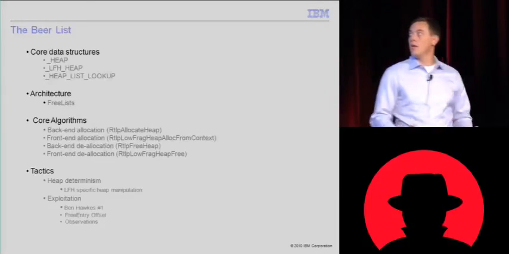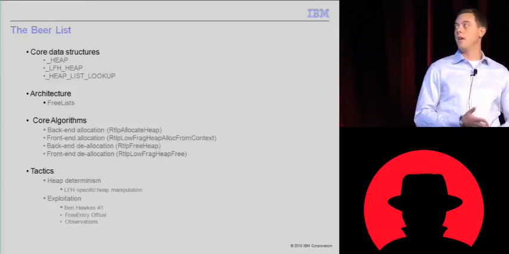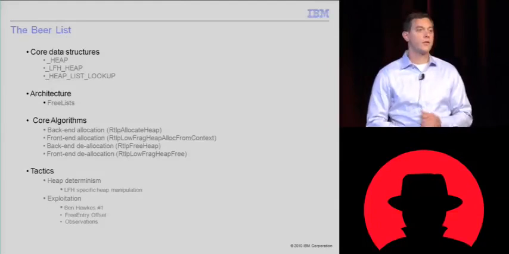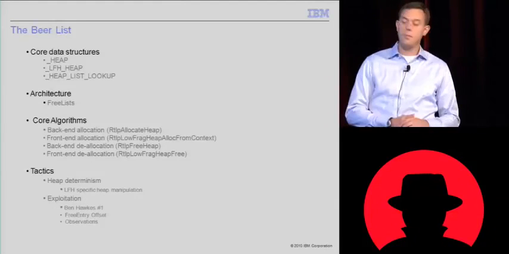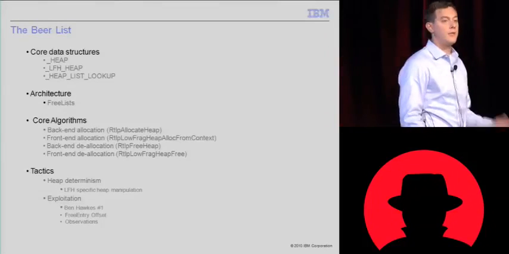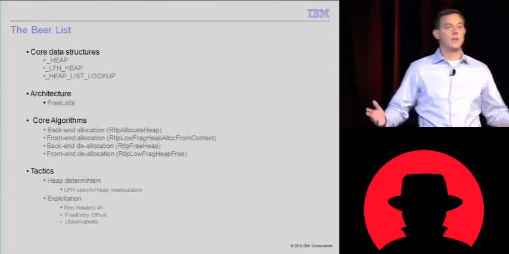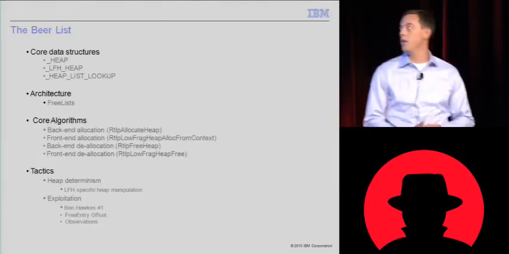It's going to go in order from boring to boringer to most boring to fun. We'll talk about the core data structures, all the stuff they added in this new heap. We'll then talk about architecture, specifically the free list, and they have changed drastically since we last visited them in the Windows XP codebase.